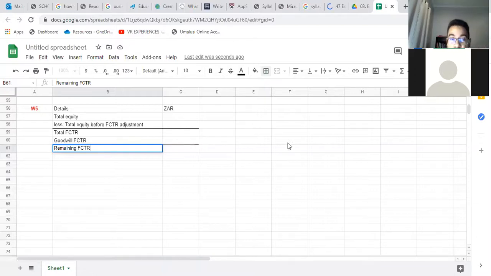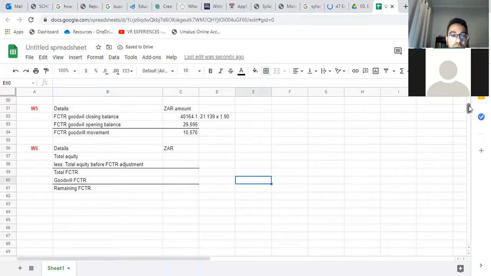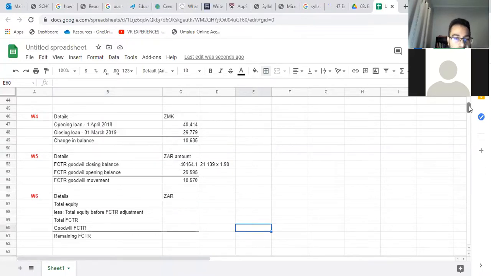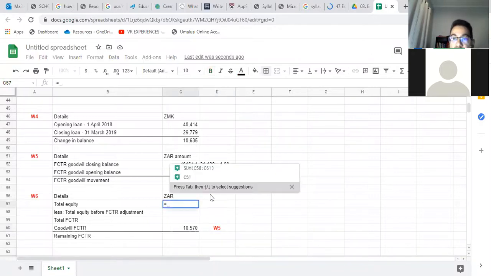You don't have to do this long calculation in the exam. This is just to help you with the thinking process on how to get the number. So this over here, goodwill FCTR, is that. This comes from working 5. Working 6 is just to show you the thinking process. You can simply just do it in a bracket.